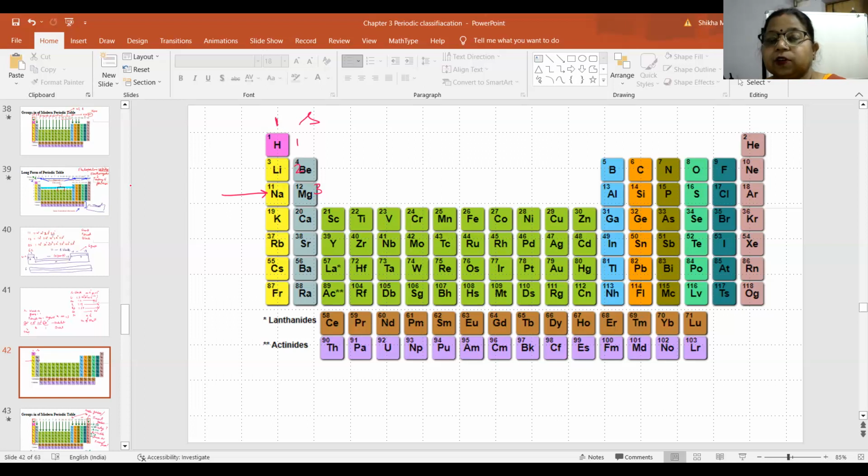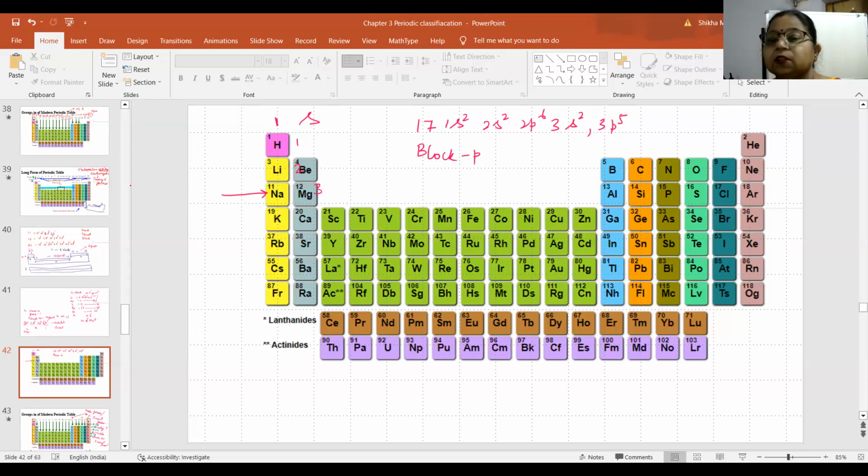Okay, let's talk about atomic number 17. As you have written, 1s2, 2s2, 2p6, 3s2, 3p5. That means it's clear that its block is P, right?